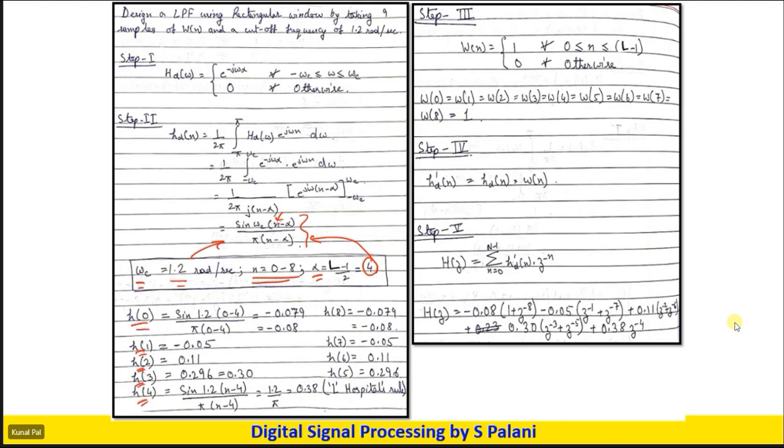Since at n minus alpha, when n becomes 4, both numerator and denominator are zero, there we will apply L'Hospital's rule, and then calculate again h5, h6, h7 and h8. And you see the values of h3 and h5 are the same, h2 and h6 are the same, h1 and h7 are the same, and h0 and h8 are also the same.